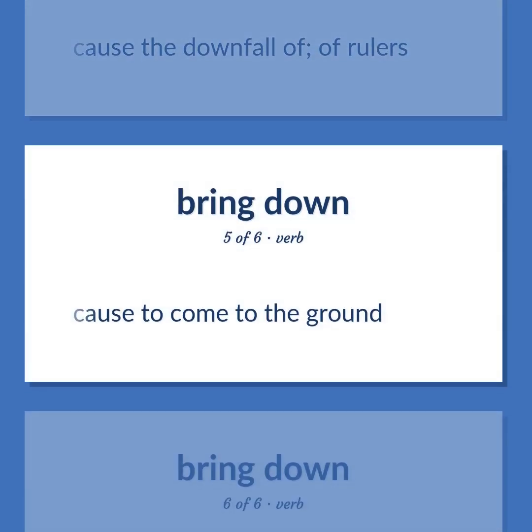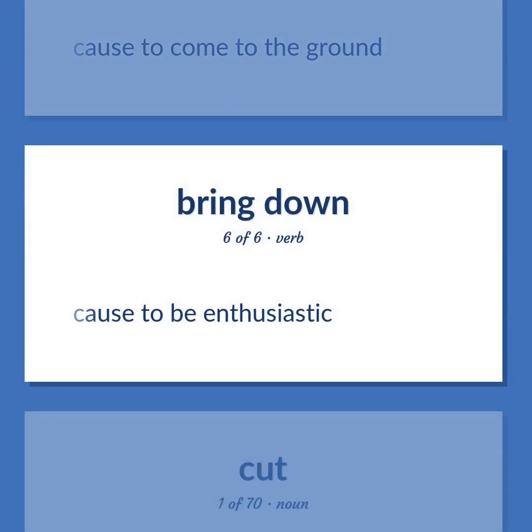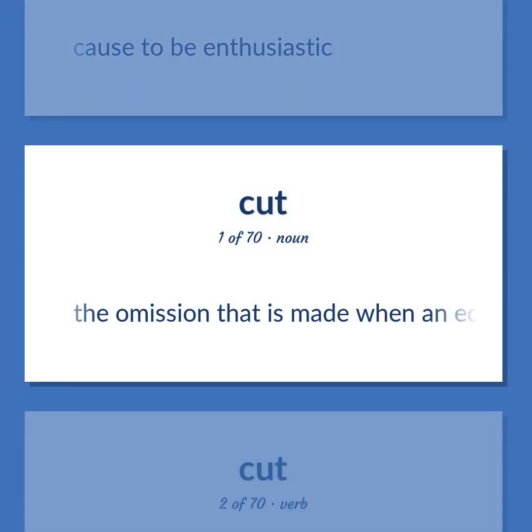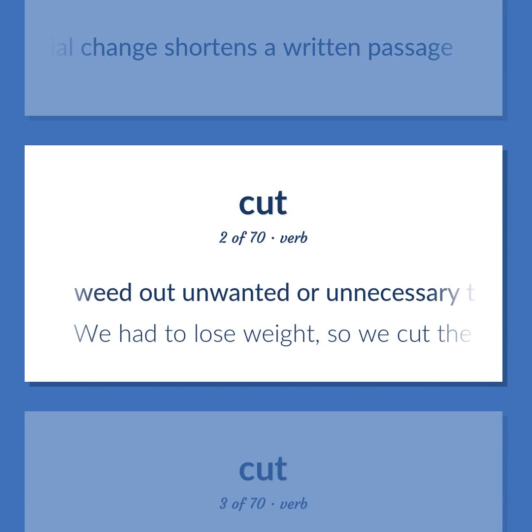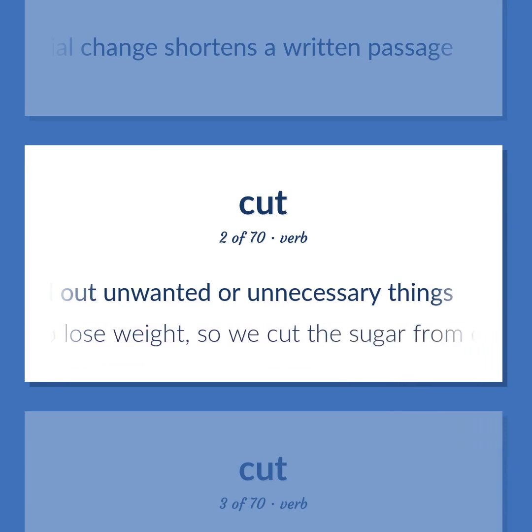Cause to come to the ground. Cause to be enthusiastic. The omission that is made when an editorial change shortens a written passage. Weed out unwanted or unnecessary things. We had to lose weight, so we cut the sugar from our diet.